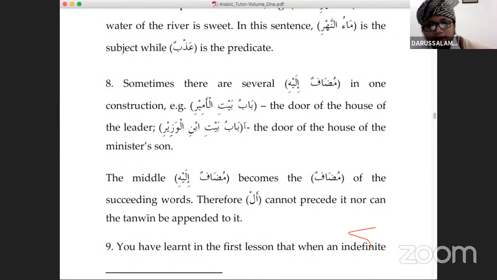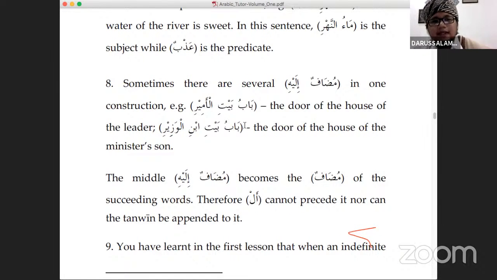Same here, mudaf ilaih, you can have a mudaf connected to a mudaf ilaih, and then that mudaf ilaih is connected to another mudaf ilaih. So for example here, babu baitil amiri, the door of the house of the Amir or the leader. You understand? Another example.